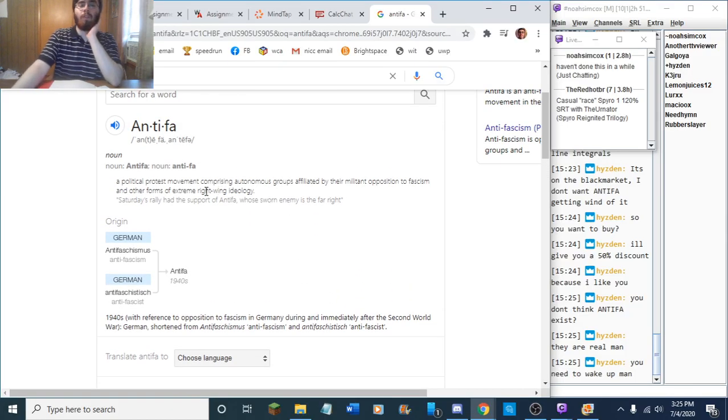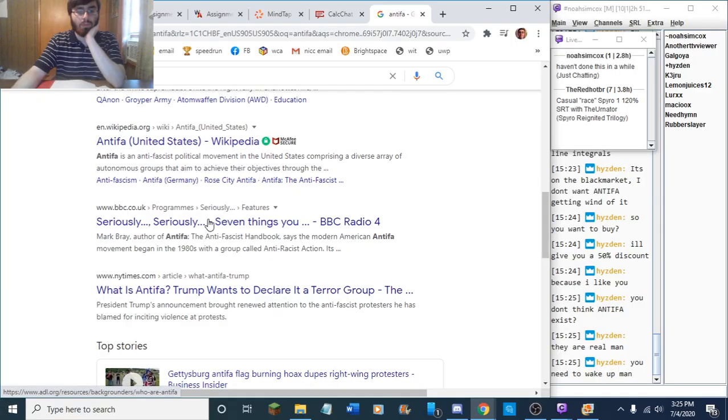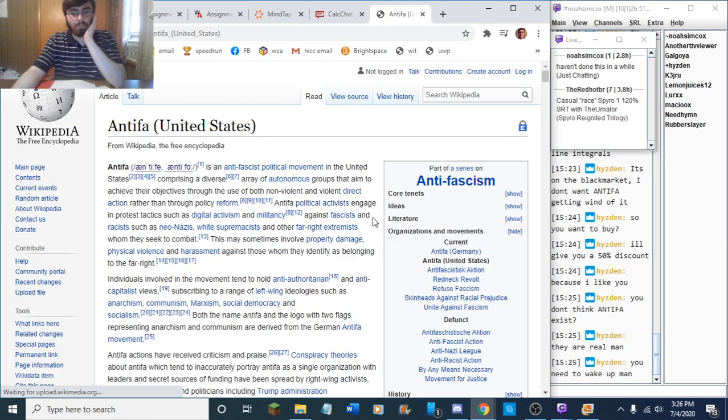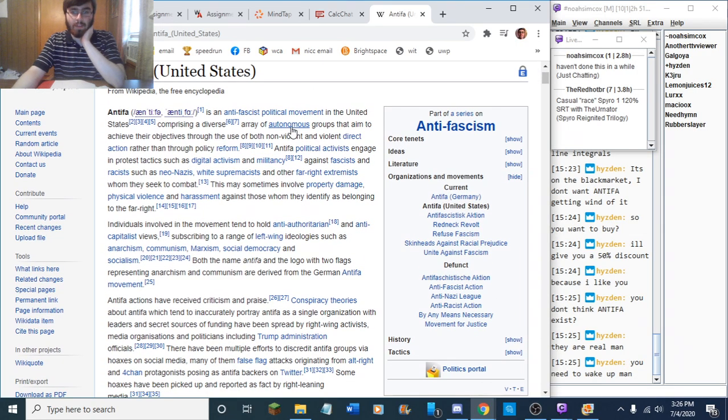Is there something wrong with that definition of Antifa? Let's see, where's the Wikipedia article? They must have influenced Wikipedia to make them sound not as bad as they really are. Apparently. It's comprising a diverse array of autonomous groups. That's the thing that you're missing here. There's no big scary thing called Antifa that exists. It's just a bunch of random groups of people that all believe different things.